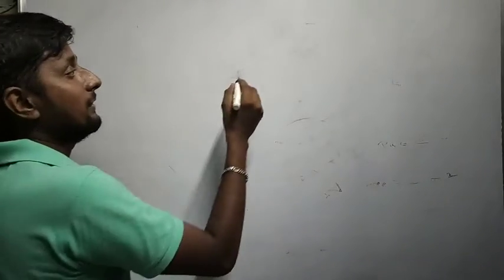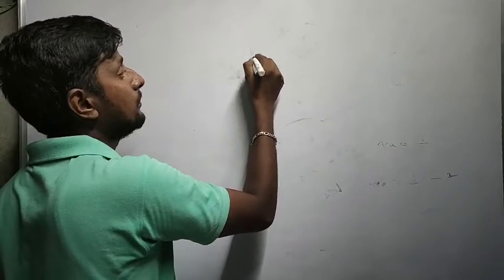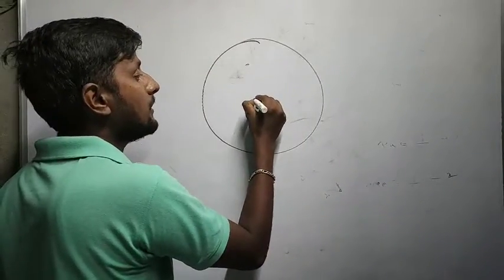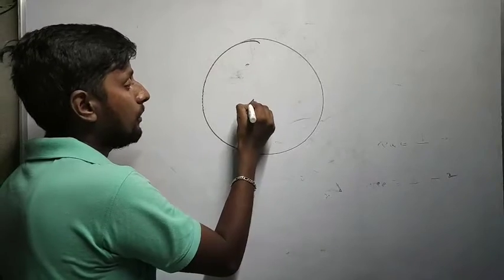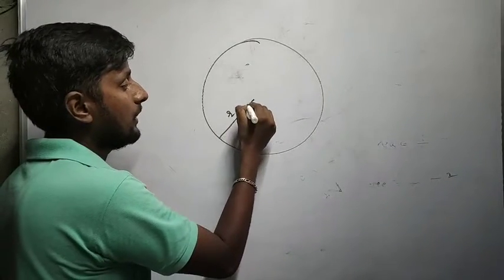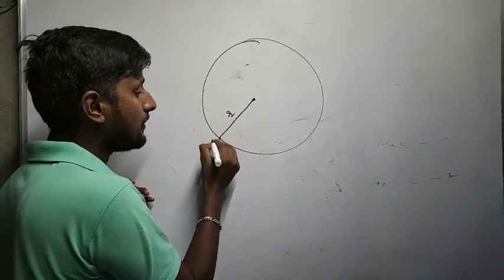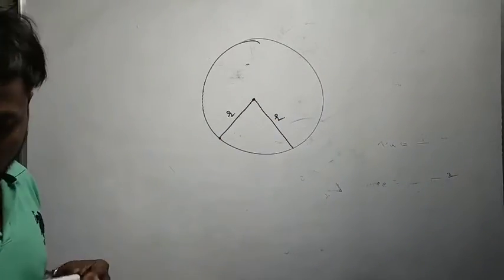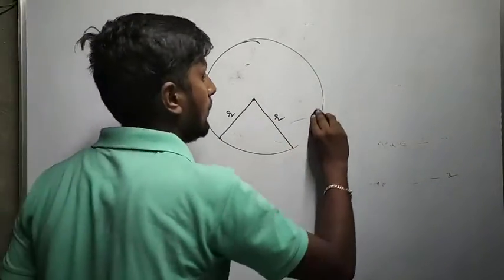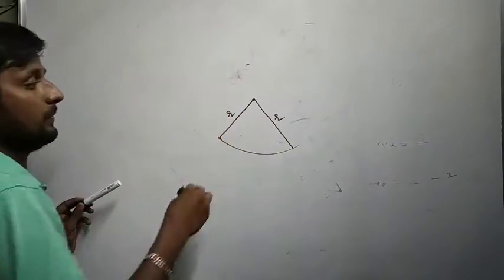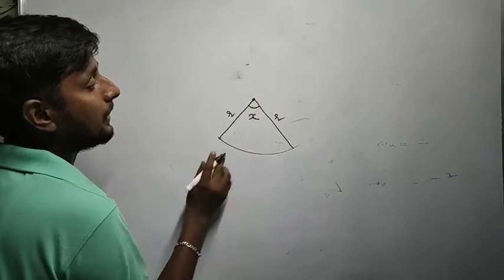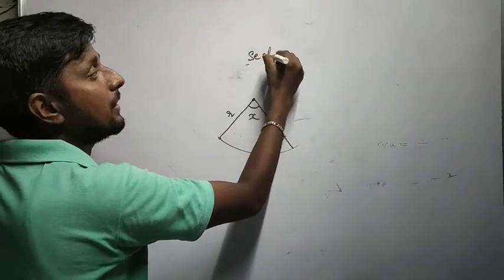For example, try to draw a circle. Circle, it has a center. Am I right? If you take a distance from the center to any point on the circle and you take one more, the rest of the part you can erase now. Now whatever part you are looking at here, that is a sector.